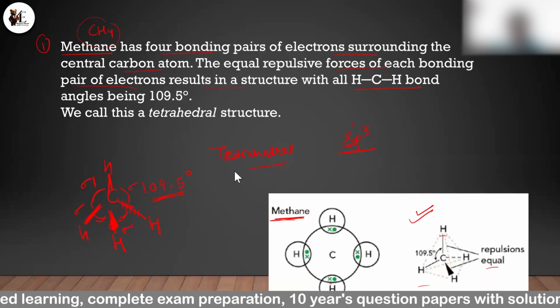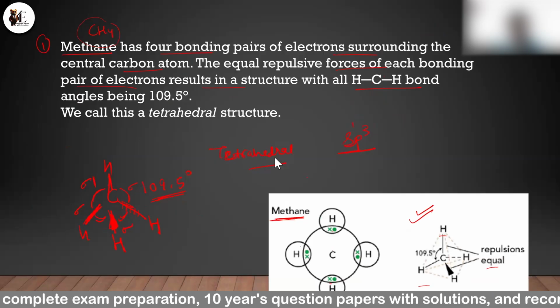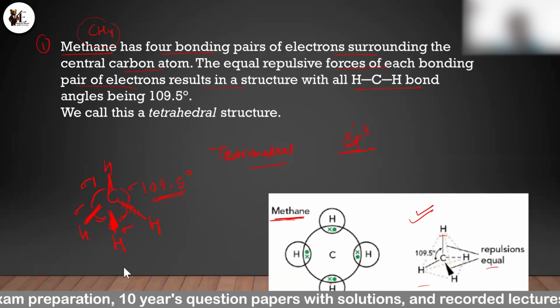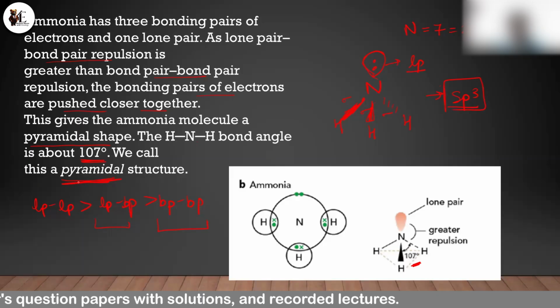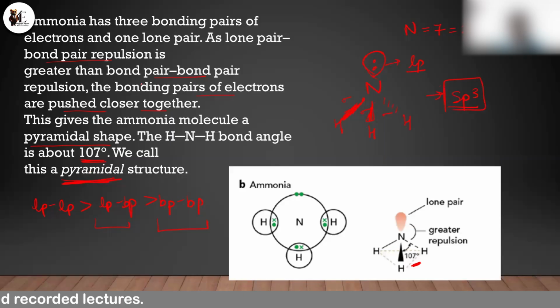But there is a difference in the molecular shape. For methane it is tetrahedral, and for ammonia it is pyramidal, because in methane there is no lone pair, and in ammonia there is 1 lone pair. So this creates a difference in the molecular shape. Is it clear? Yes.